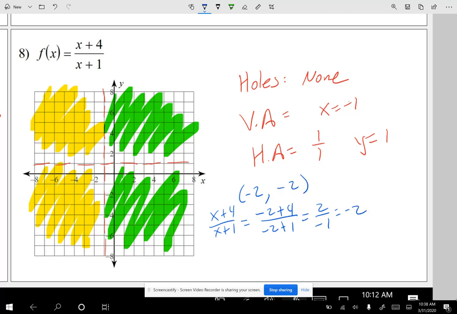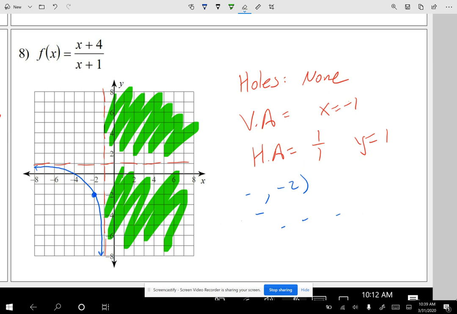So I have the point -2, -2. It is in this section, so I know which of the two sections it is. So I'm going to say my graph looks like that. Now let's take a look at the green sections. Once again, my graph could be both below the horizontal asymptote. Let's take a look. I'm going to choose a value to the right of -1.